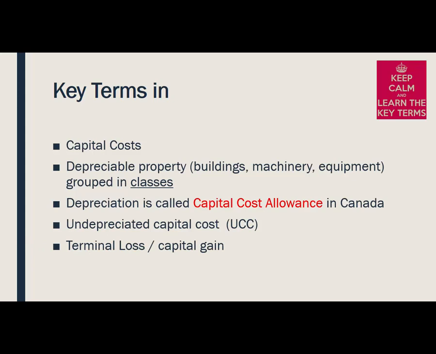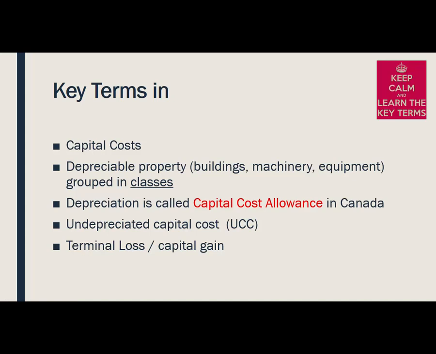Terminal loss or capital gain are what you experience when you decide to dispose of the capital asset. If you were to dispose of it for less than what the undepreciated capital cost is at that moment in time, you would experience a terminal loss. Okay?